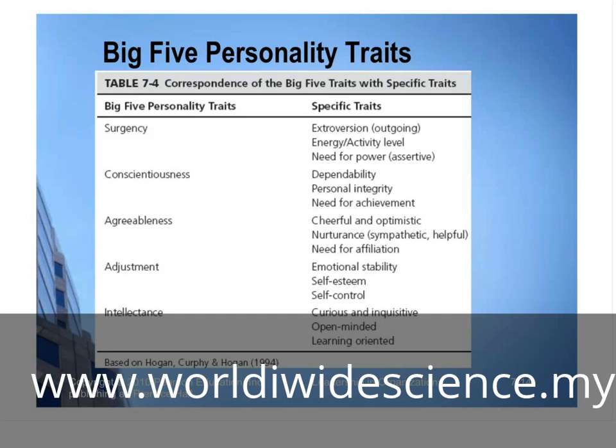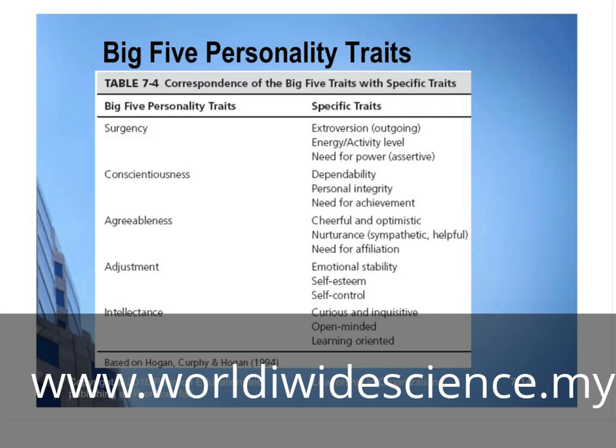Agreeableness is when you're cheerful and optimistic. You always look at the positive side. You nurture people. You're sympathetic. You help. You have the need for affiliation. You want to get affiliated with your employees. So we call it agreeableness.